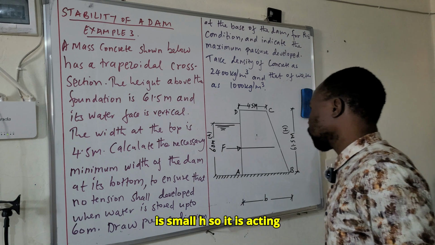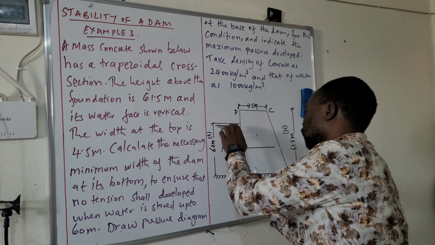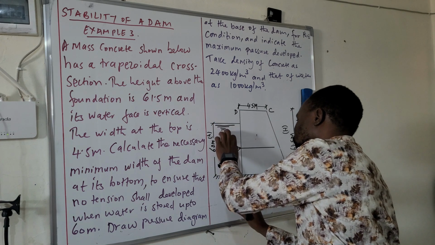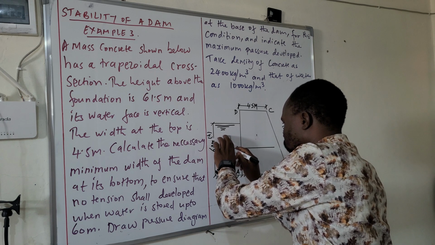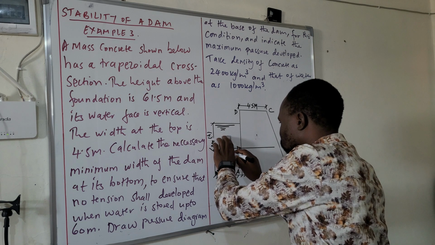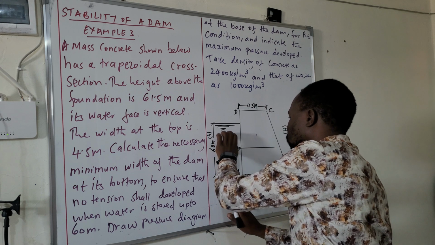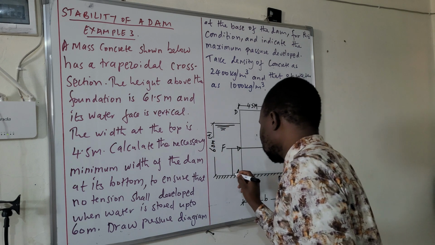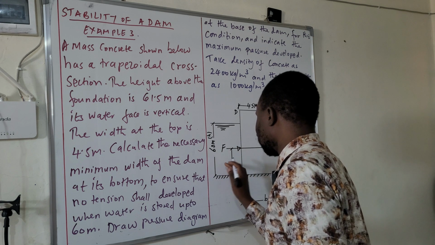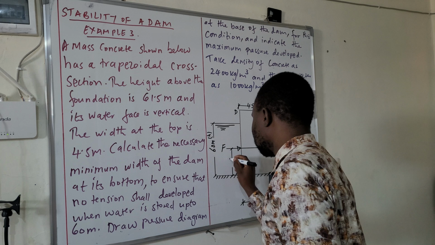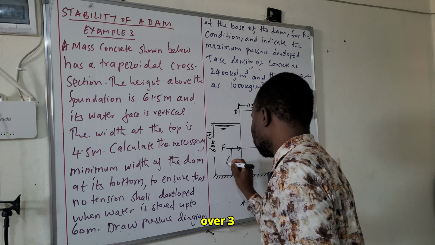it is acting at h over 3 from the base. This is small h, which is 60 over 3.